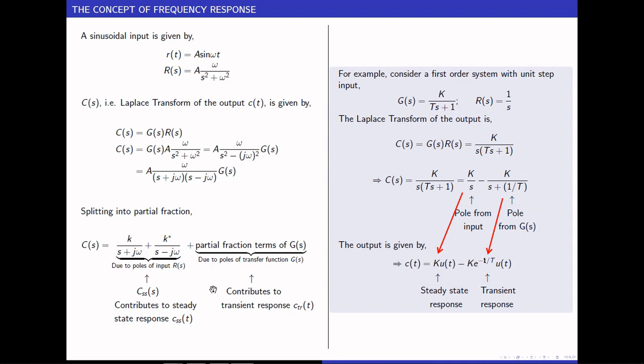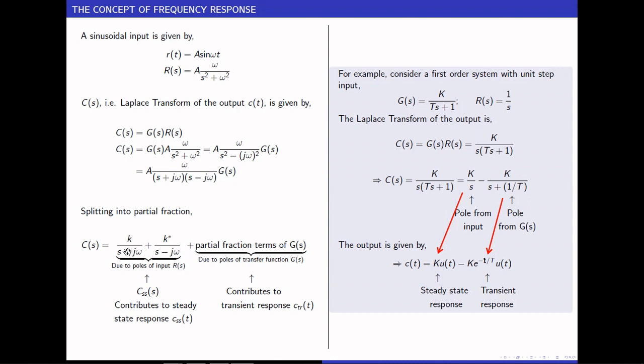So the conclusion is, if I am interested only in the steady state response, not in the transient response, then all the partial fraction terms originating from G of s can be neglected or omitted. Our analysis is going to be only the steady state analysis, and therefore we need to consider only this particular part, and let me call it C double S of s.